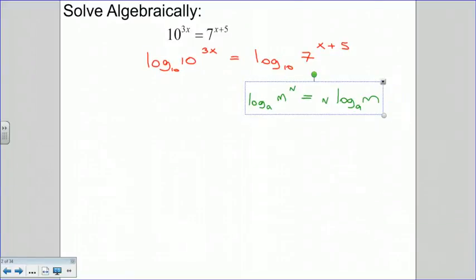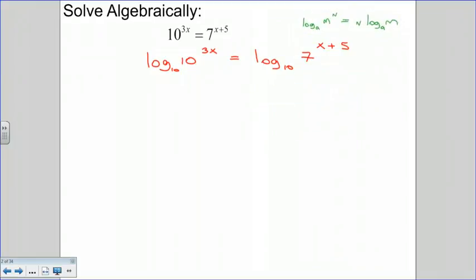Okay, so I'm going to use that right now because we have an exponent. So we move the exponent to the front. So it's 3x times log of 10 equals a binomial of x plus 5 times the log of 7. I don't have to put that subscript 10 in there.